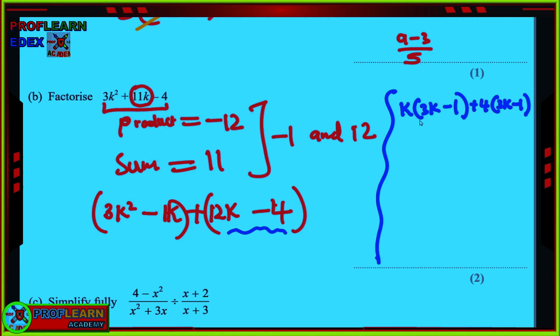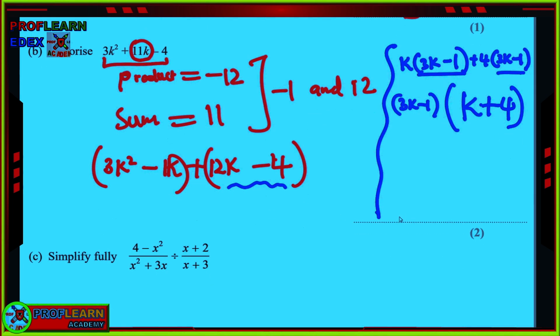And you can see now this is common. I can factor it out and say 3k minus 1, and in bracket I remain with k plus 4. That is the factorized form of that expression. You can say this is 3k minus 1 into k plus 4.